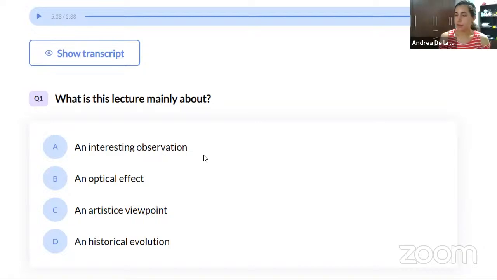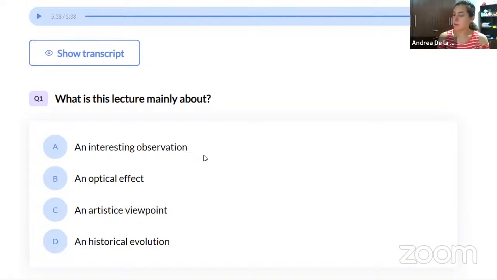Yes, exactly that. We know that this lecture, first always try to answer the questions on your own. Try to answer the questions by yourself, not necessarily using the answer choices. So what is this lecture about? We know that it's about visual perspective. And then you gotta choose the option that gets closer to what you said, right? So what is the closest one from the options to visual perspective?